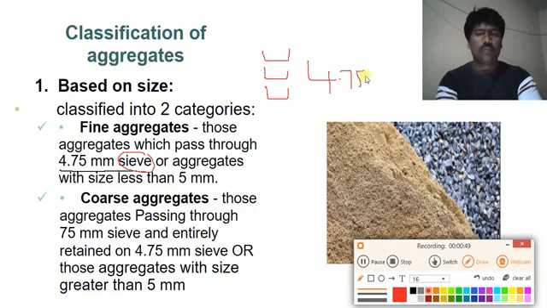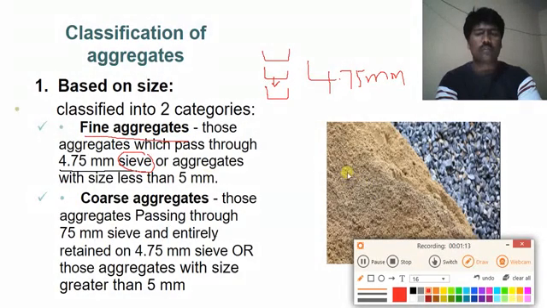So if the aggregates are finer than this size, they can pass very easily through this sieve, right? That type of aggregates which are finer than the 4.75 mm sieve are called fine aggregates.